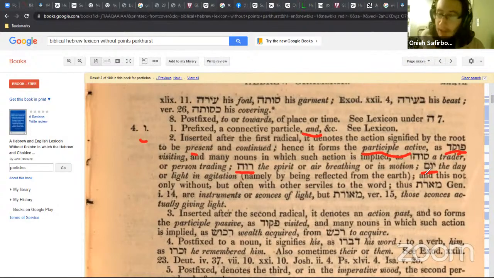It's unlikely to be a participle. Because the idea of a participle is that it's not there for pronunciation purposes, but it's actually there to signify a grammar rule. And yom just looks like it's added for pronunciation.